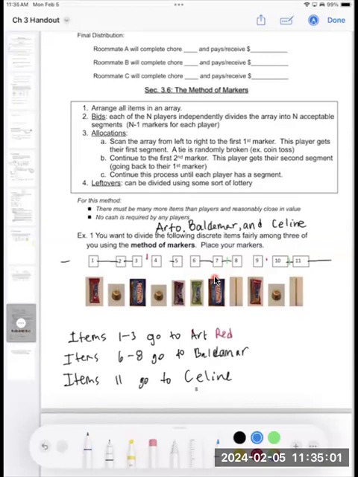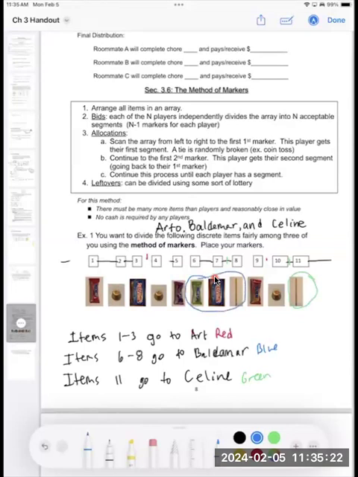I think I made Voldemort blue and Selena green, but I erased it all anyway. But I'm just showing Selena got the pencil, which was item 11, and then Voldemort got items 6 through 8. So that was this right here.